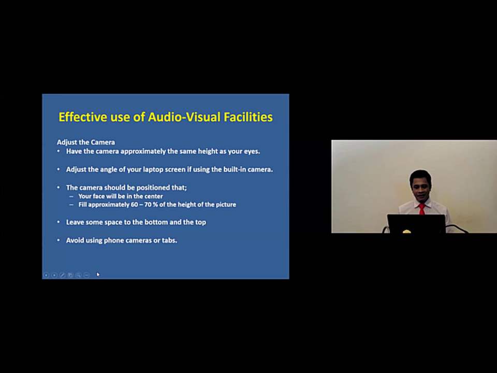All these things can be avoided if you make sure that your camera is at the same height. But the problem is generally when you're in the seated position, your laptop camera angle is slightly below your eyes. So you might have to make some arrangement, like putting some books under it, so that it will be on the same level as your eye.